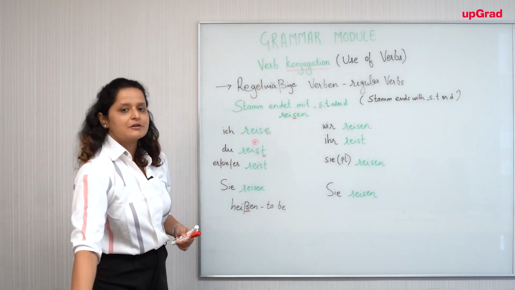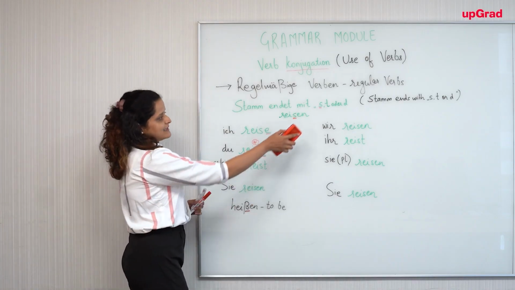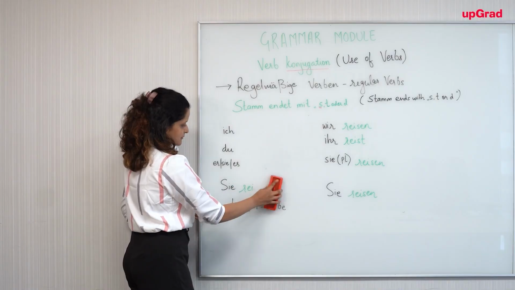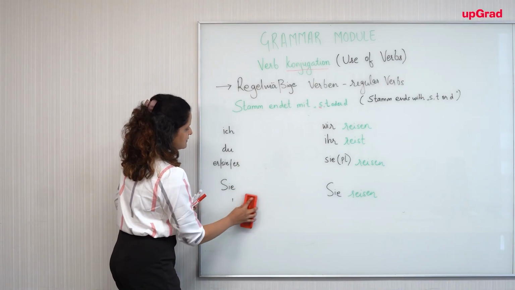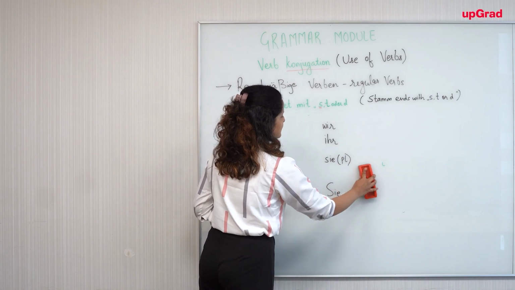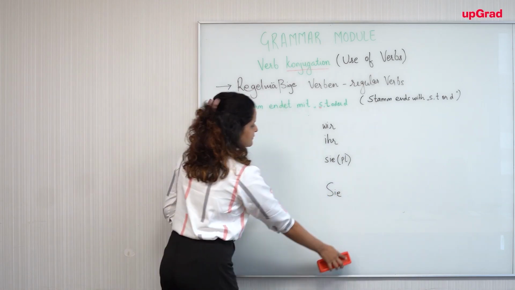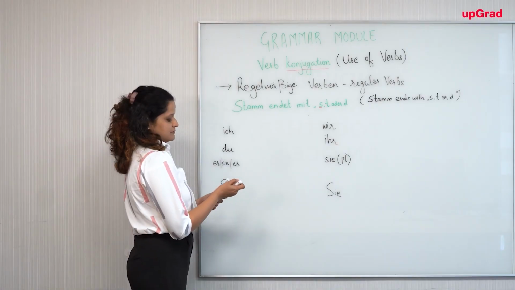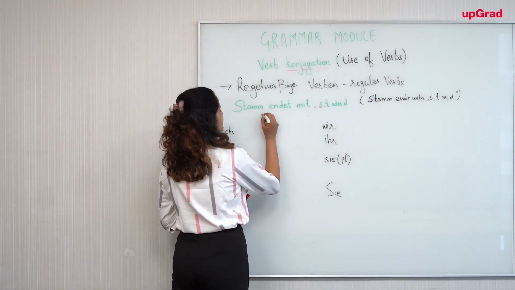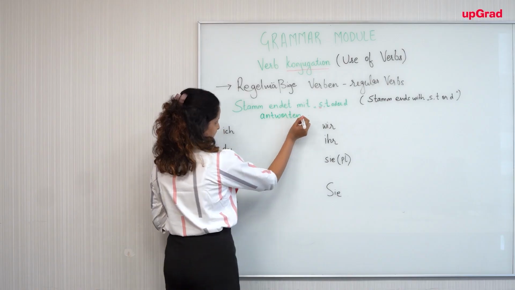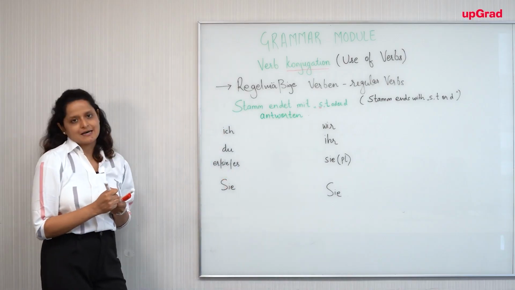The next category that we go on to now is stem ends with T. So let's take a verb where you will have your stem that ends with T. The verb that we take here is the verb antworten. Antworten is to answer.